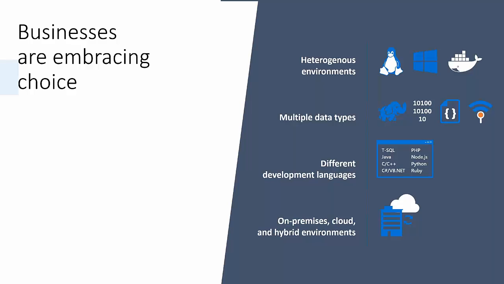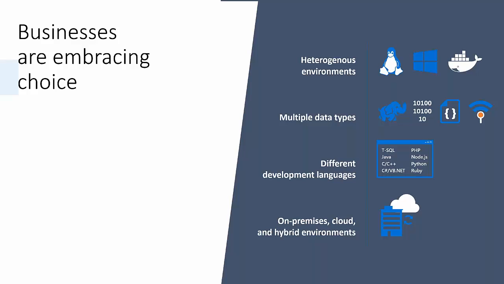Well, first we looked at the industry and we saw that businesses are more and more embracing a diversity of technologies in building their applications and solutions. Development and deployment environments included Windows, Linux, macOS, and Docker.